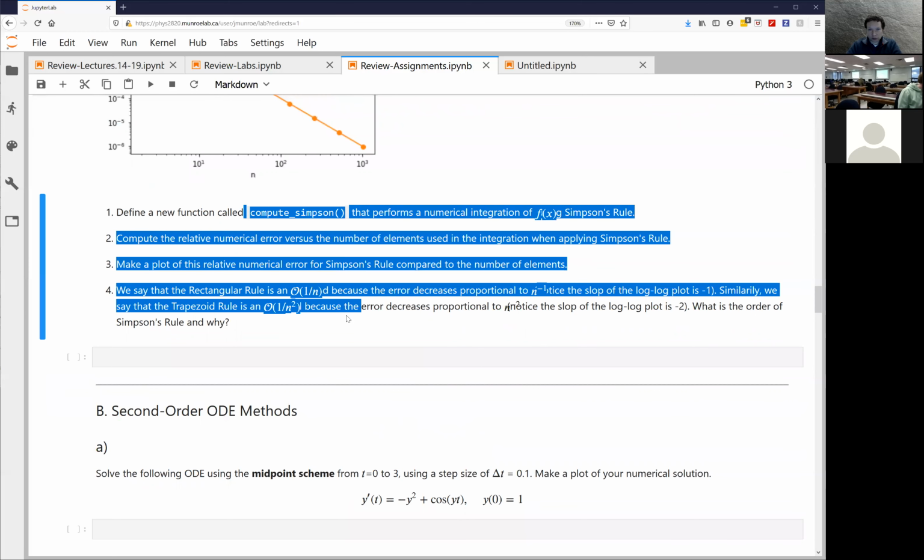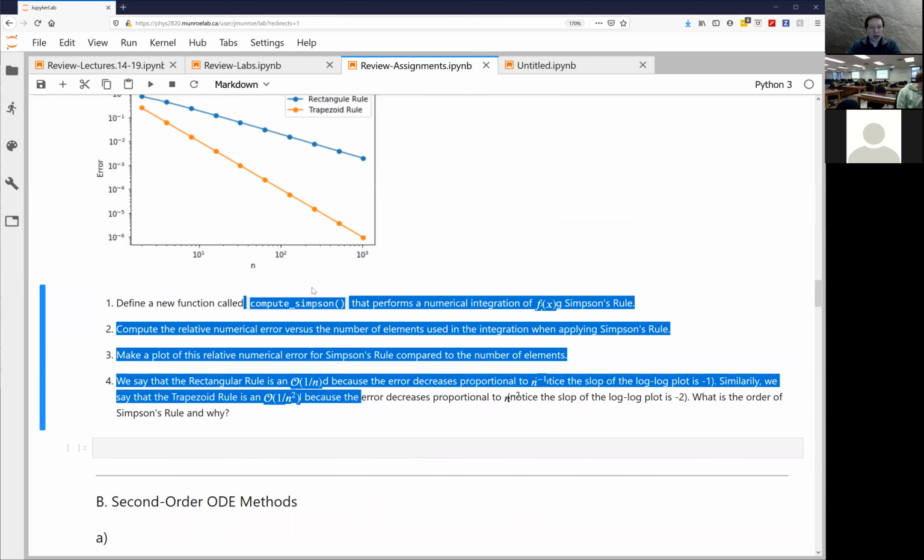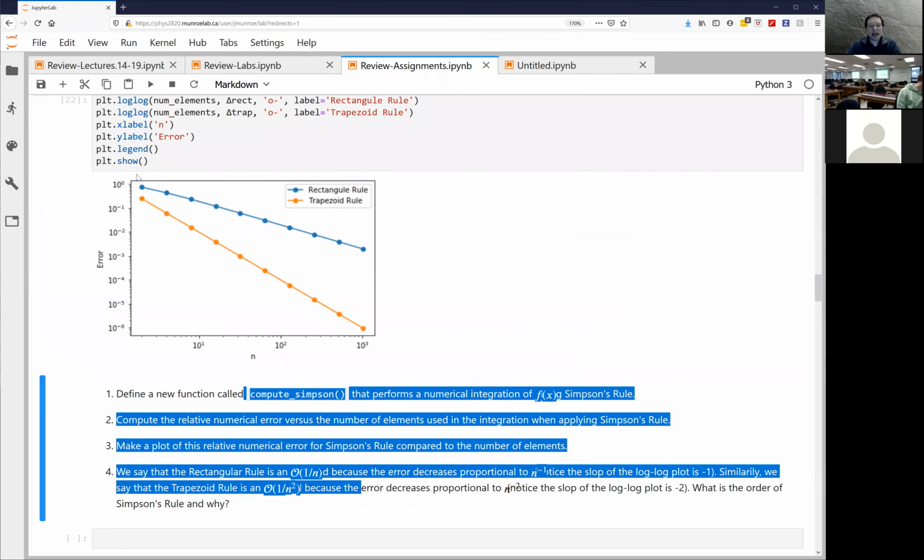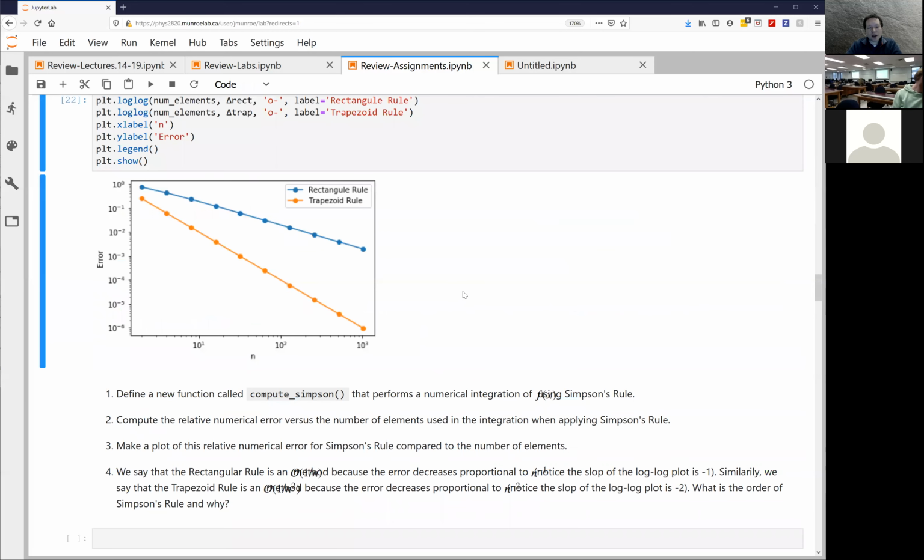Simpson's rule is not on the final exam, but this idea of running a model, looking at its error as a function of either how many steps you take or the size of the time step, that idea is important. Knowing that the slope of this line is really telling you the order of the method. That's another way of interpreting the order: what's the slope on a log-log plot.